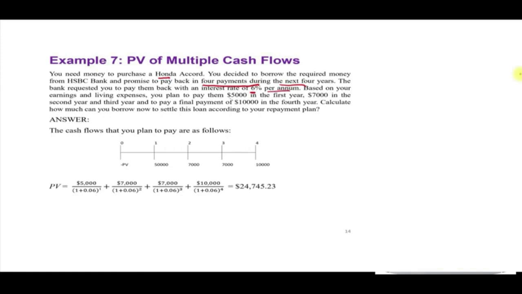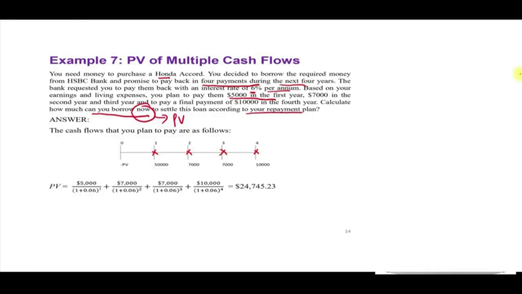You plan to pay them 5,000 in the first year, 5,000 in the second year, 7,000 in the third year, and 10,000 in the last year. Calculate how much you can borrow now. Borrow now means we need to find the present value to settle this loan according to your repayment plan.